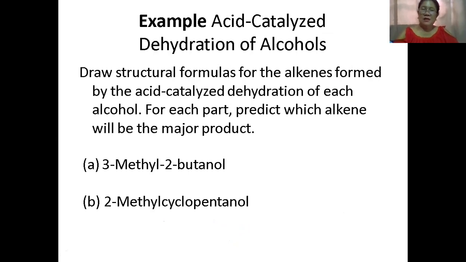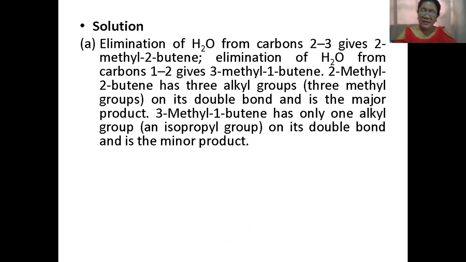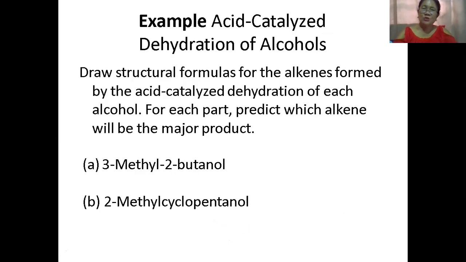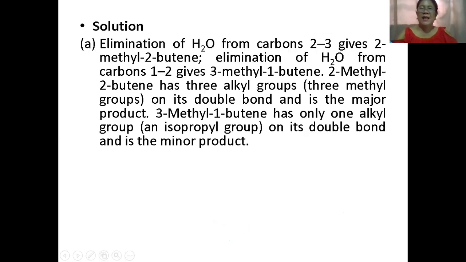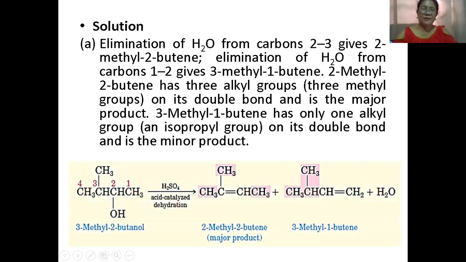So, these are examples of acid catalyzed dehydration. First is 3-methyl-2-butanol. Let us have this first. So, what will happen? We will have two products here, then let us identify which will predominate.